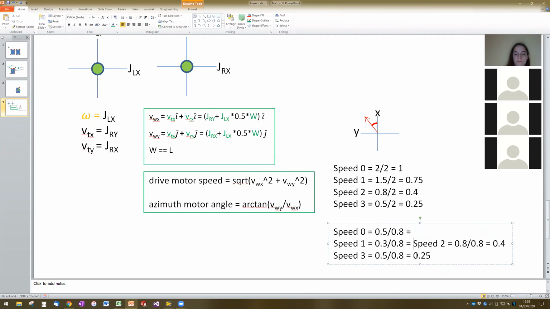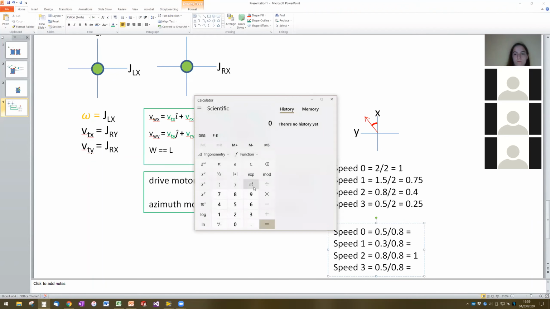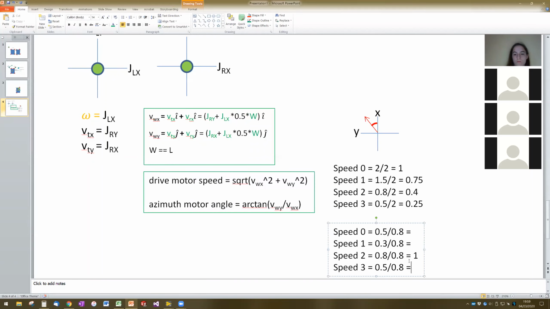Then what you'd end up with is, I won't show all of them, but oh my goodness. Right, you'd end up with a 1 here, for example, and then you'd end up with, let's see, 0.5 divided by 0.8, 0.625, and then this number would be larger and this number would be larger as well.